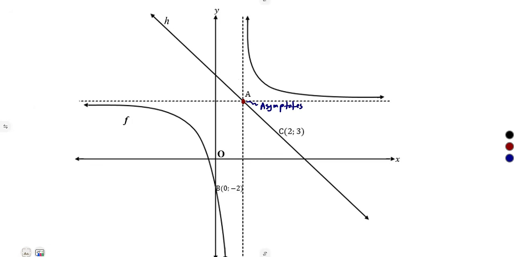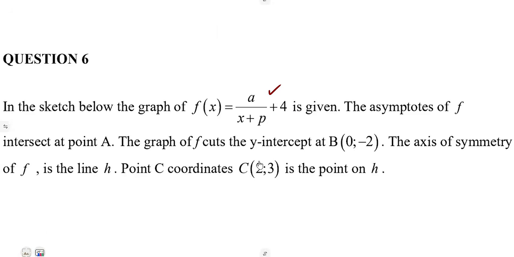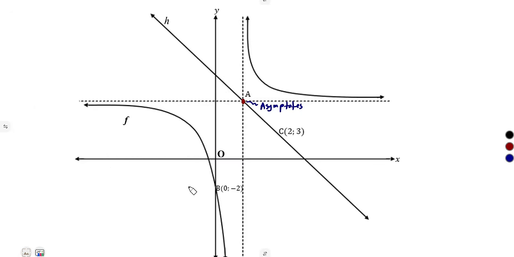According to the information, the asymptotes of f intersect at the point A, and the graph of f cuts the y-intercept at point B, which is (0; -2). This is the y-intercept from our y-axis.